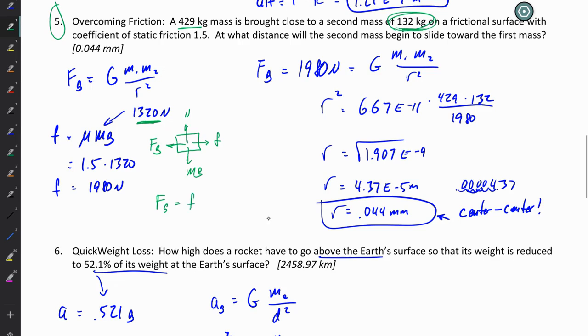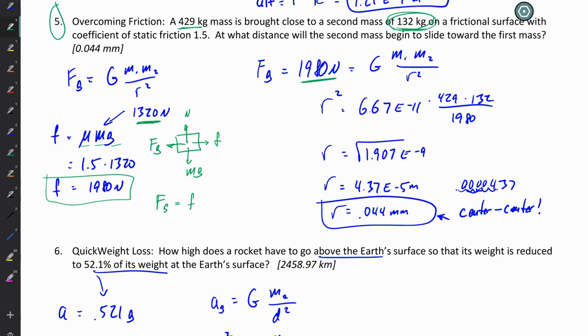So solving for friction, the friction is going to be mu times the mass, 132, times gravity, 10. So the frictional force that is going to exist between this smaller mass and the ground is 1980 newtons. So at what distance between the two objects will a gravitational force exist that is 1980 newtons?